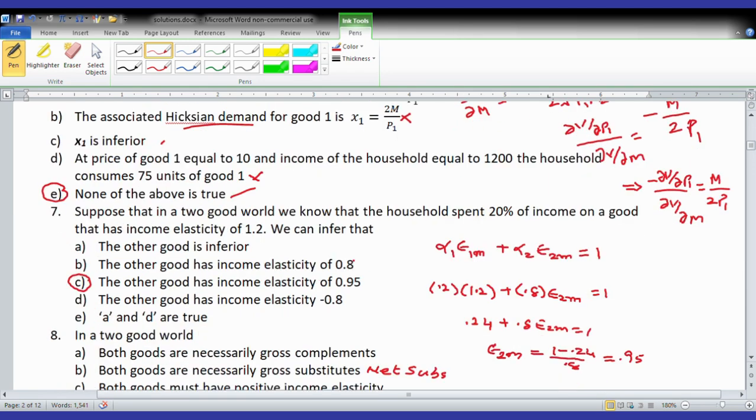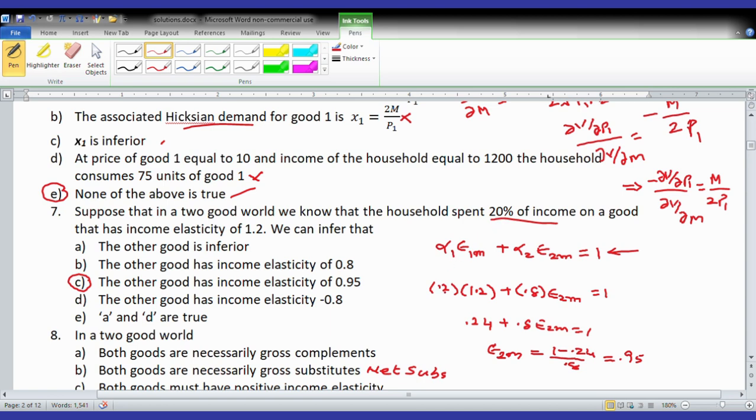Suppose that in a two good world we know that the household spent 20% of income on a good that has income elasticity of 1.2. So here we make use of Engel's aggregation. This is the formula that we had seen in class, and what we are saying is that one of the commodities is having a spending share equal to 20%.